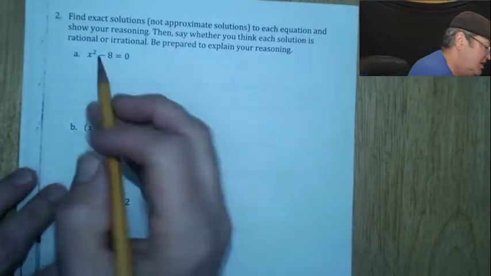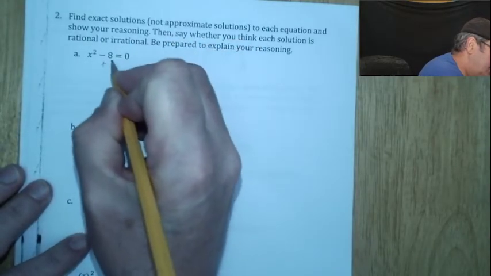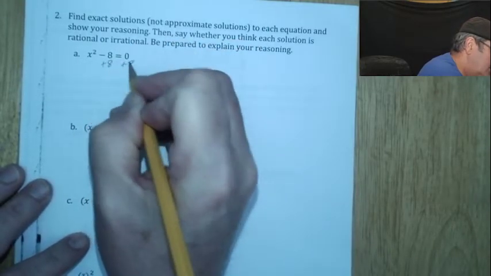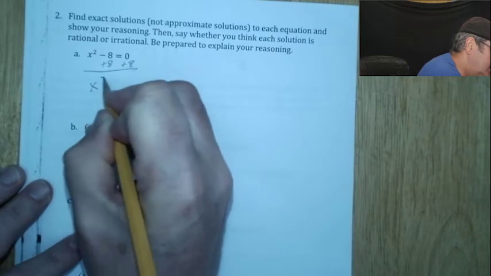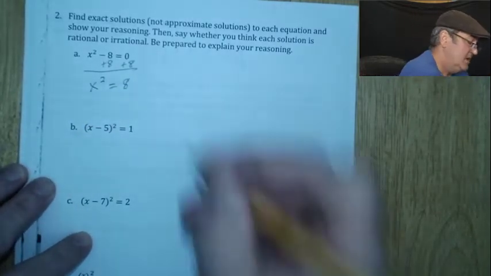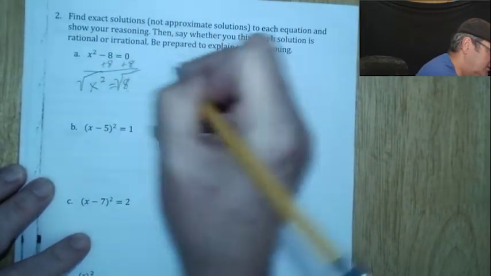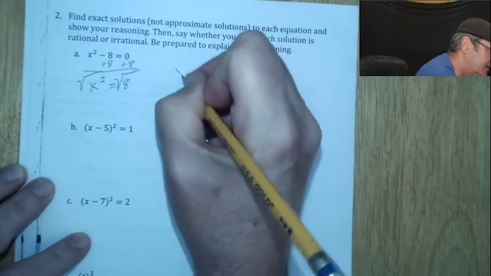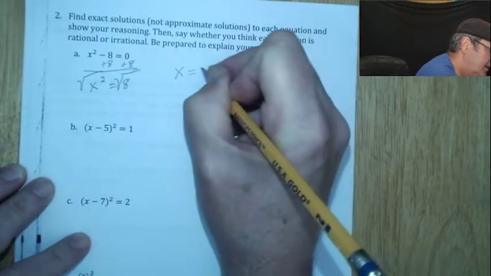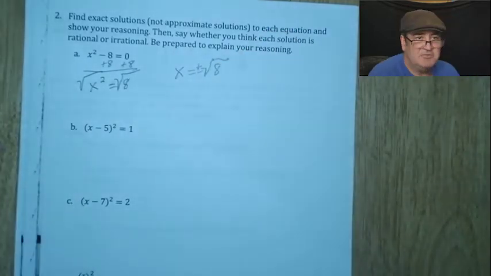We could do this. All right, so x squared minus 8 equals 0. If we add 8, that gives us the equation x squared equals 8. So we take the square root of both sides to get the answer for x. Since the square root of x squared is x, our answer is x equals plus or minus the square root of 8.